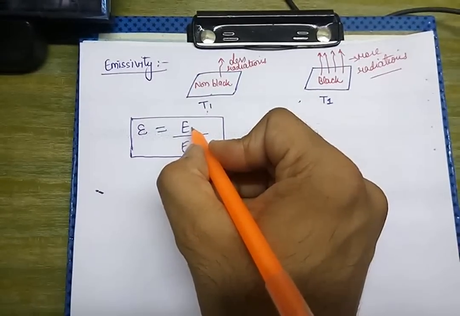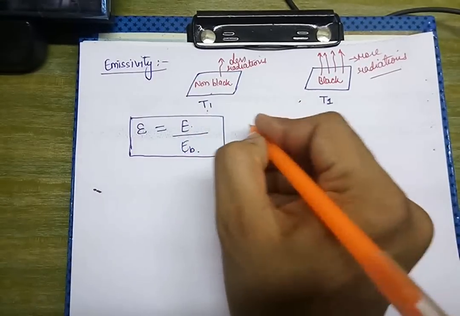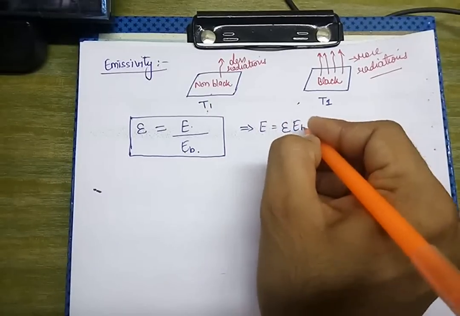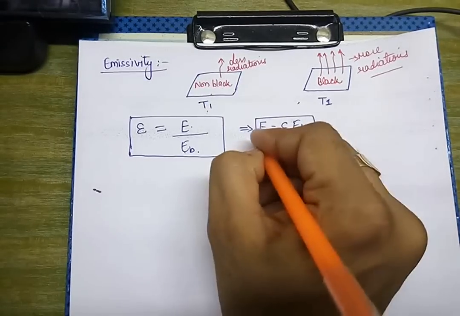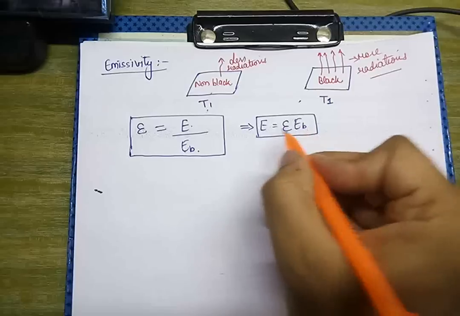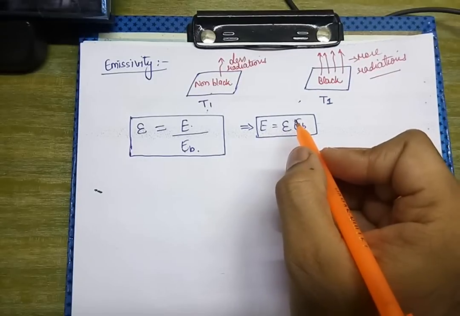E is the total hemispherical emissive power of a non-black body, such that capital E is equal to epsilon into EB, where epsilon is the emissivity.